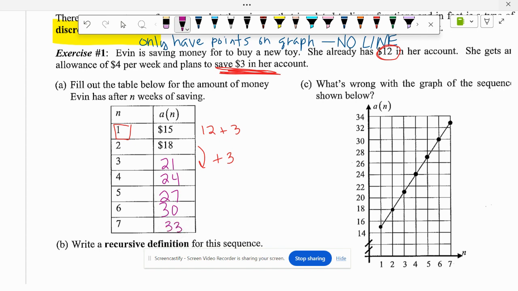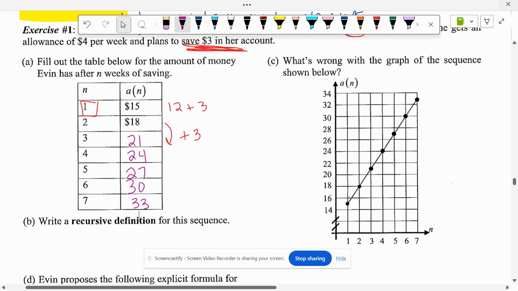So it says, what's wrong with the graph? I know we haven't done B yet, but I want to stay where the picture is. What's wrong with the graph of the sequence that's shown below? What's the problem with it? It's got a line, right? Are we allowed to have lines? No, this is not discrete. So we're just going to write that this is not discrete.